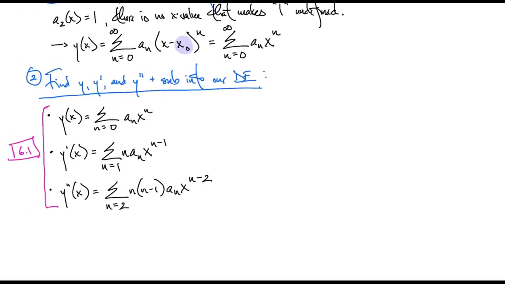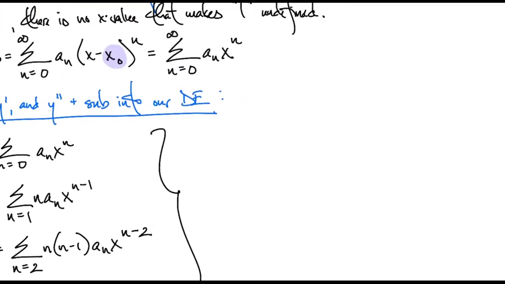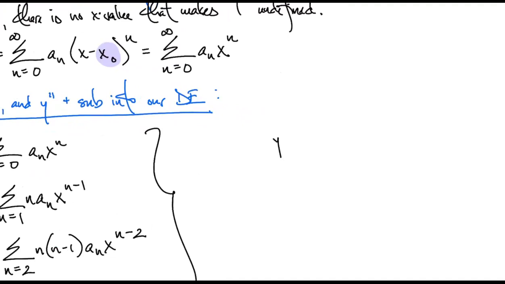But all of this is to say, we wanted to find these so that we could plug them back into our original differential equation. So we're going to need y double prime plus y equals 0. And so what is that going to give us? We're going to get the sum from n equals 2 of n times n minus 1 a sub n x to the n minus 2, right?